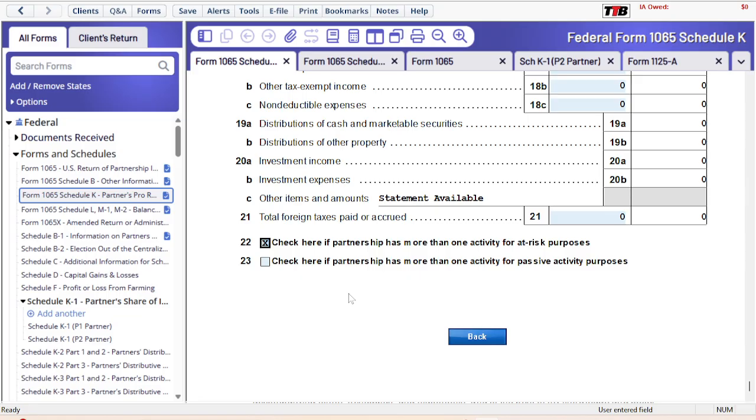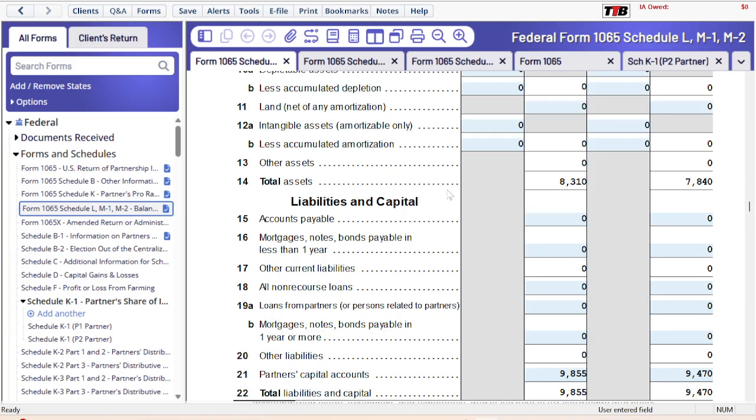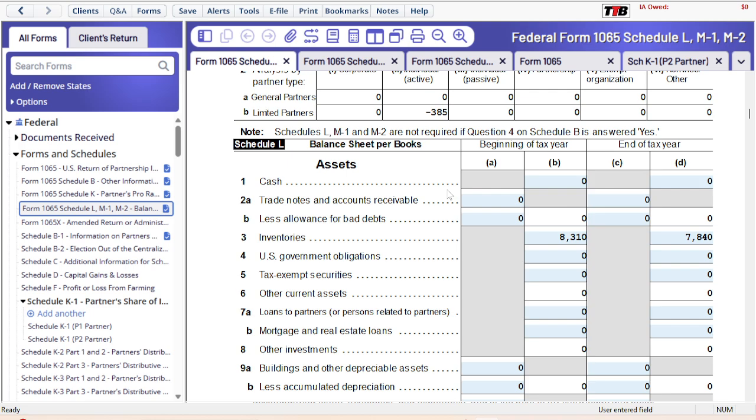So now we are going to work on Schedule K1. In fact, we can go to Schedule L and finish those, and then we can work on Schedule K1. So here we are now required to complete balance sheets, but we are going to complete it.